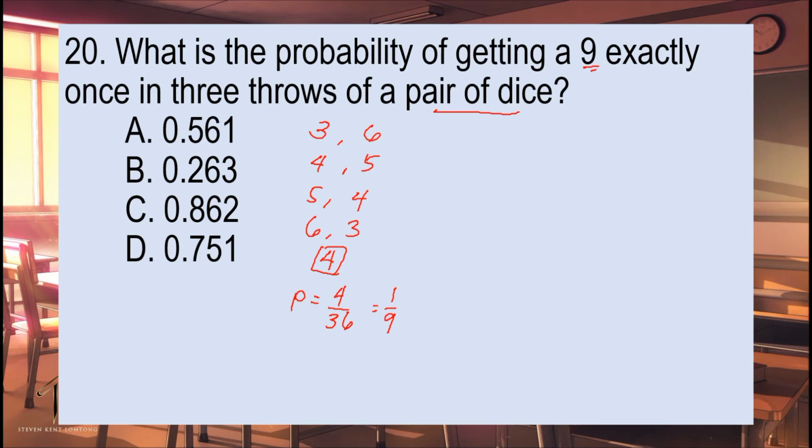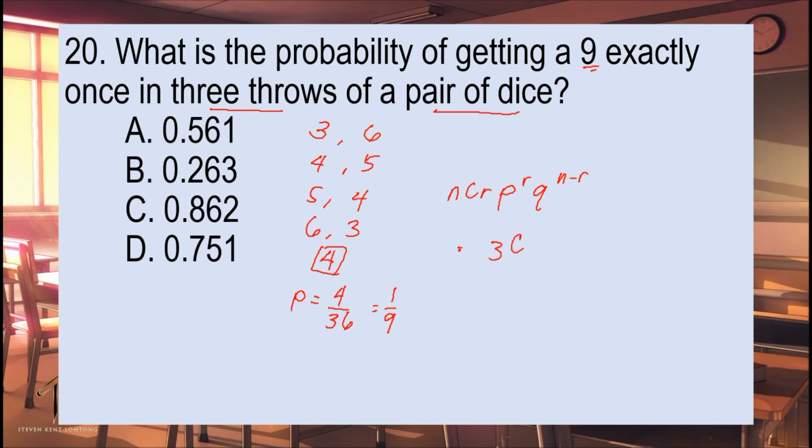So our probability of getting exactly 9 as a sum of the pair of dice is equal to 1 over 9. Now applying the Bernoulli binomial distribution, that's nCr, p raised to r, q raised to n minus r. Our n here is 3 since we have 3 throws.